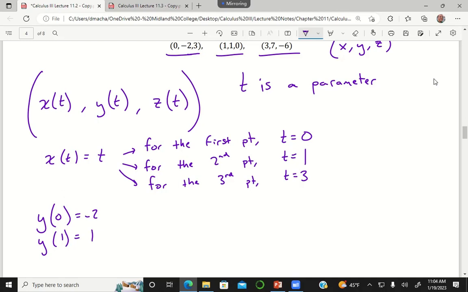I'm trying to define a line in space. So the other thing I know about this y function is that y of t, my bad, is going to be something like mt plus b, right? I have a slope, and then I have my t parameter, and then I have some constant. So this is just the formula for a line.